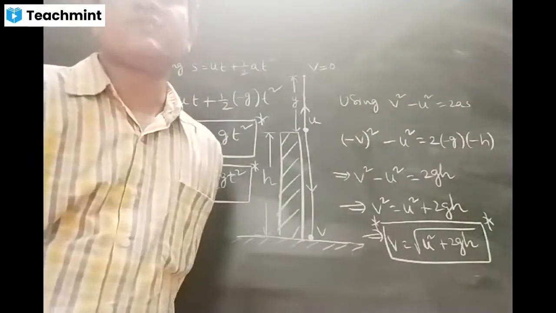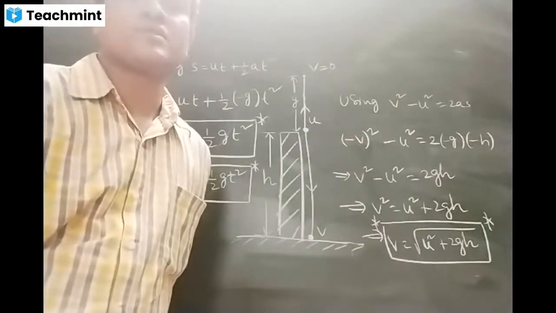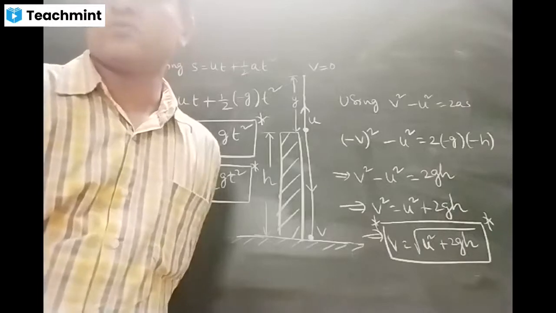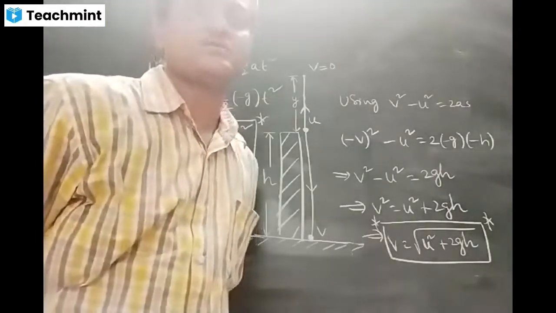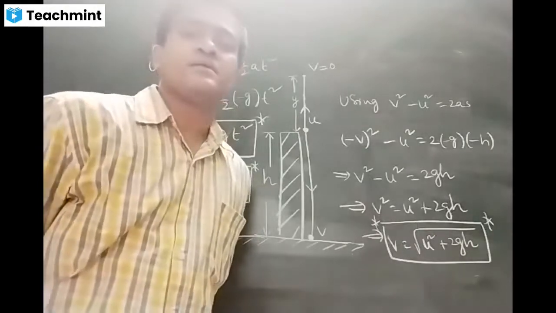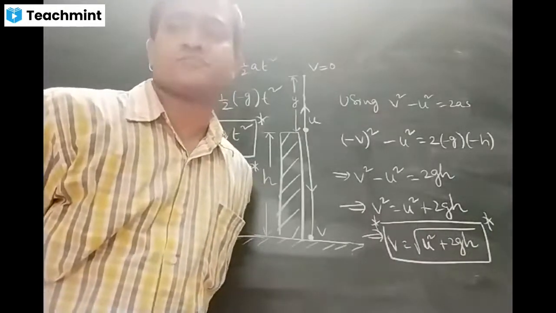I have given the values on my own. Sir, please repeat that. Yeah, take small g is equal to 10 meter per second square.